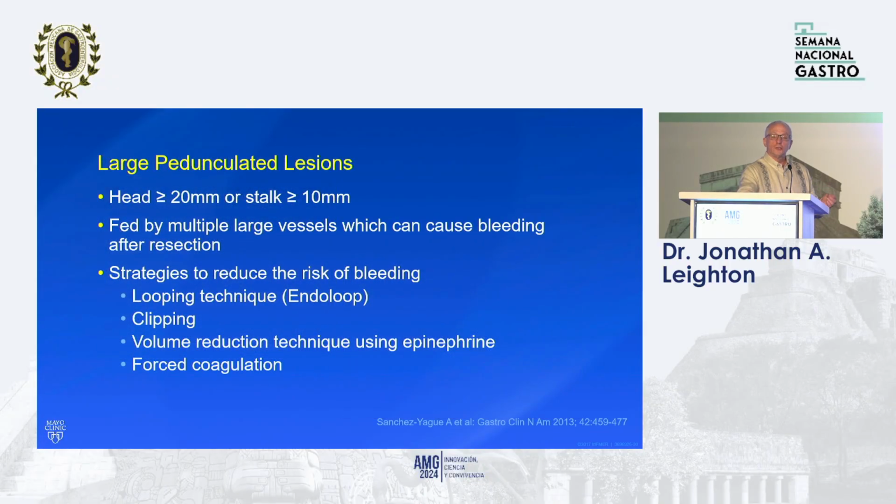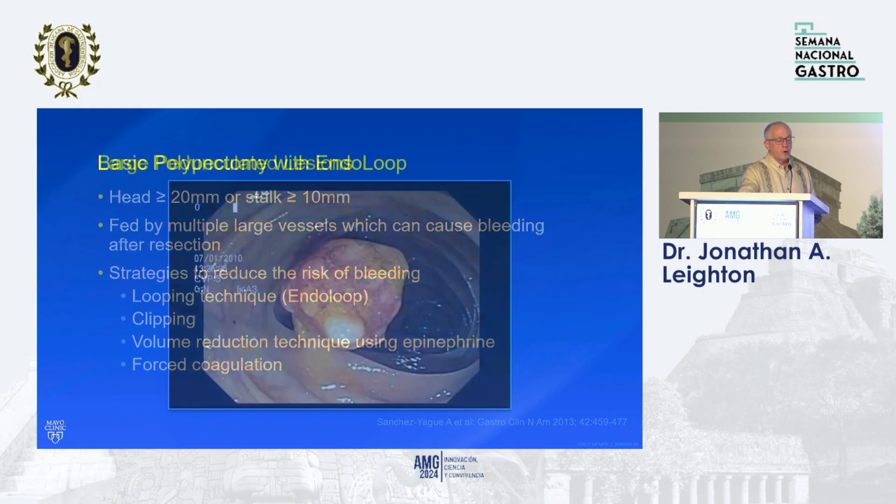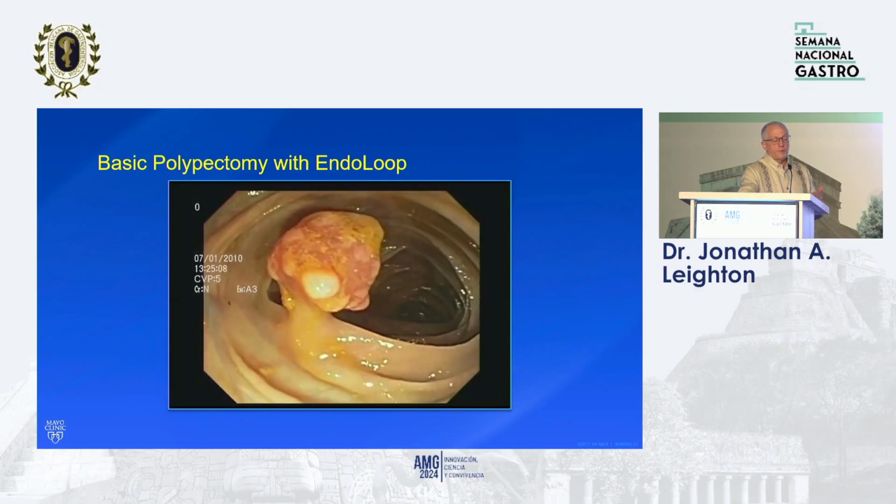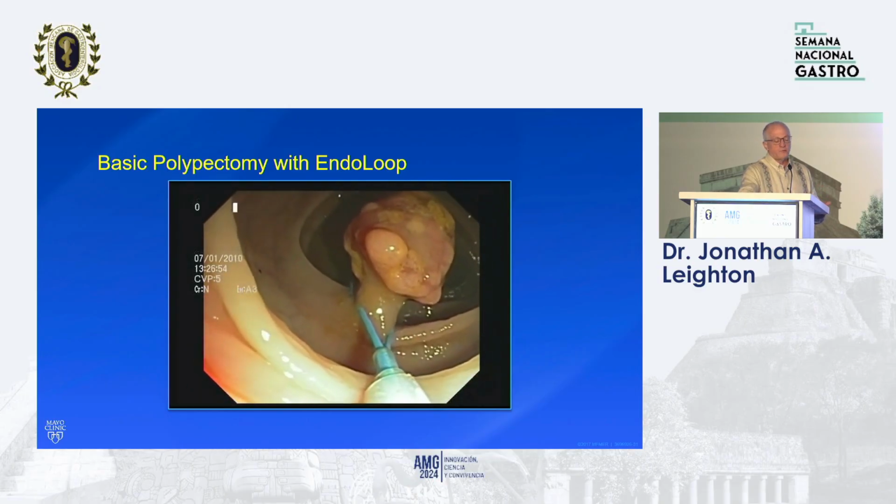Now, for large pedunculated polyps, meaning heads greater than 20 millimeters or a stalk greater than 10, they're often fed by large vessels. So you can use other strategies: looping technique with the endoloop, clipping, volume reduction with epinephrine, or forced coag. And this is an example of using the endoloop, which is what I've used most commonly, and it's easy to use.